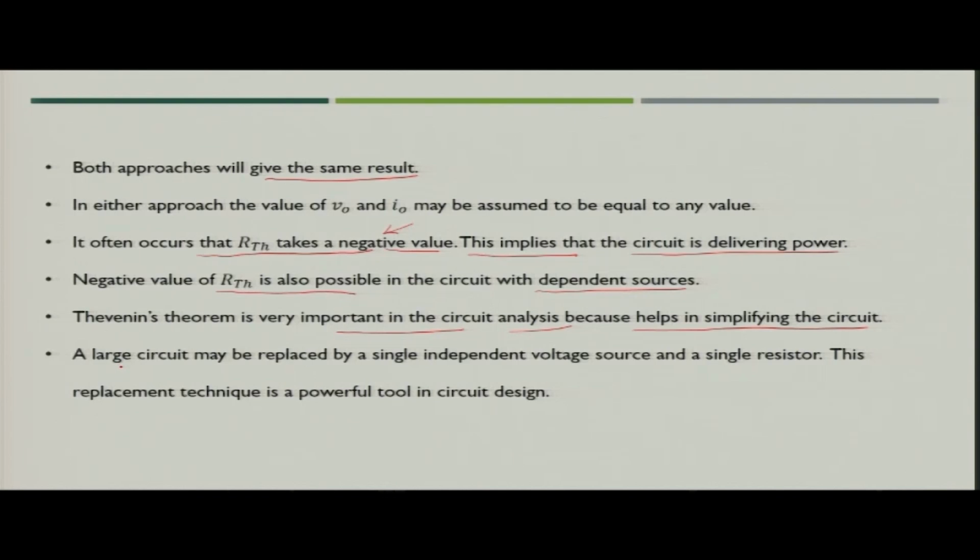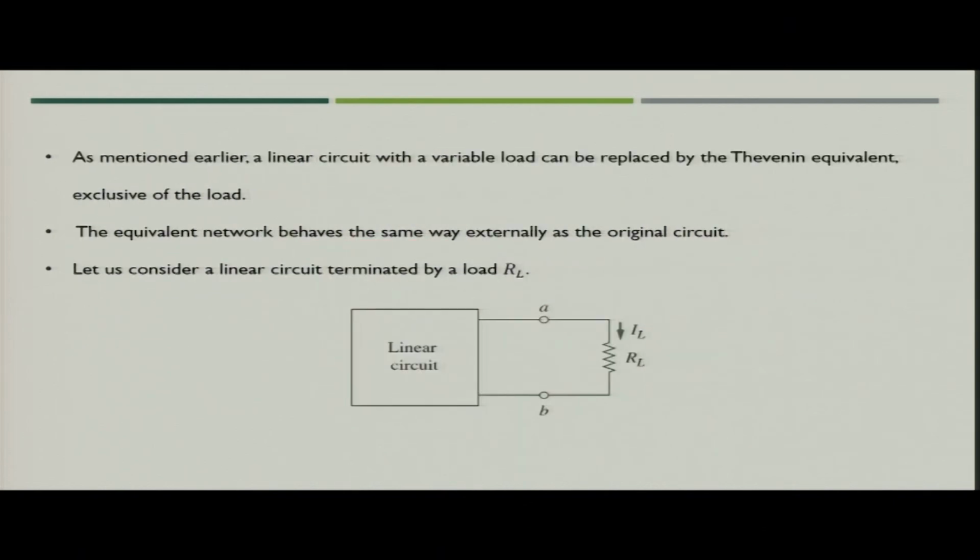That is why the Thevenin equivalent replacement technique is a very powerful tool in circuit design.